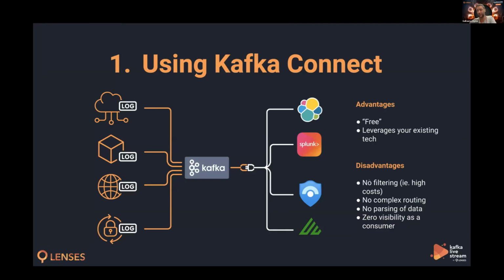The disadvantage is that there'll be almost no flexibility. There won't be any filtering as you send the data down to your solution, which might mean incurring a high cost or complexity downstream. You might want to route the data to different solutions. And in many cases, you need to parse or normalize the data before it hits that downstream solution to make it easier to consume.